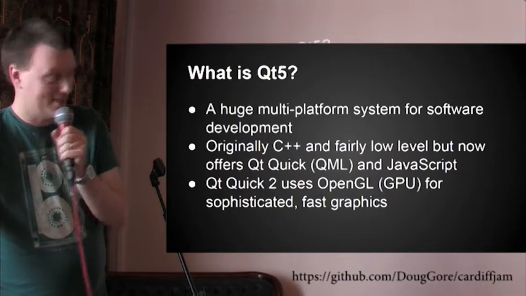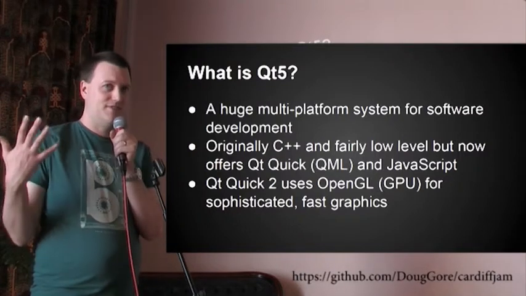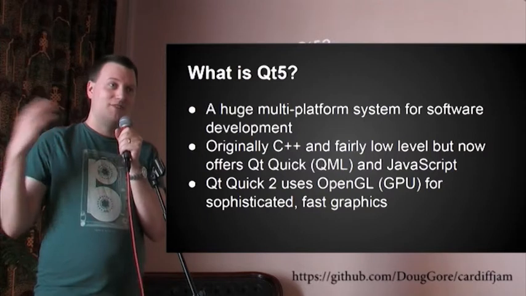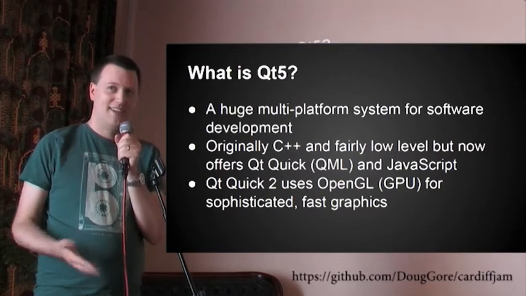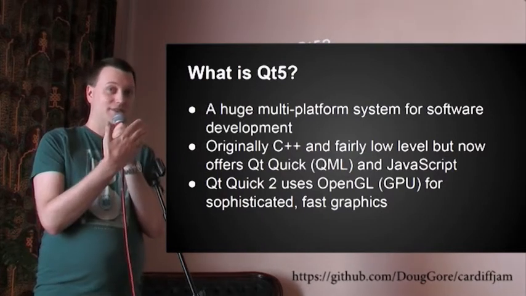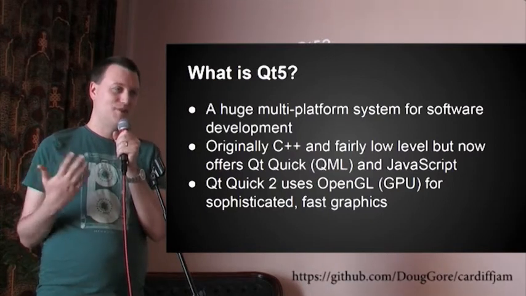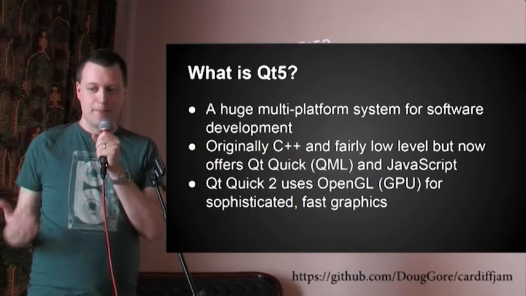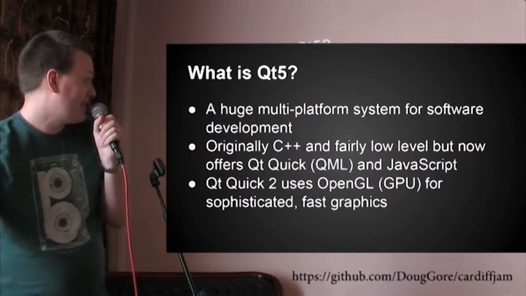So I'll just explain what it is. It's this large multi-platform system for software development. It runs on Windows, it runs on Mac, it runs on Android, it runs on the Raspberry Pi. The idea is you write a program using Qt 5's components, and it should run on lots of different platforms. It's quite portable. But still not the reason why we're using it today so much.